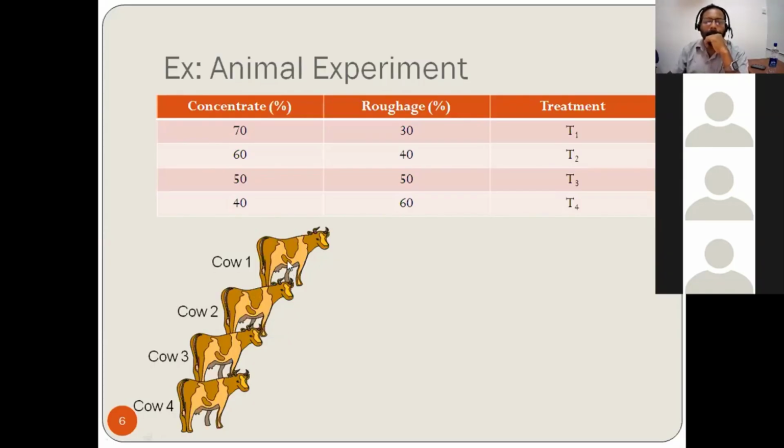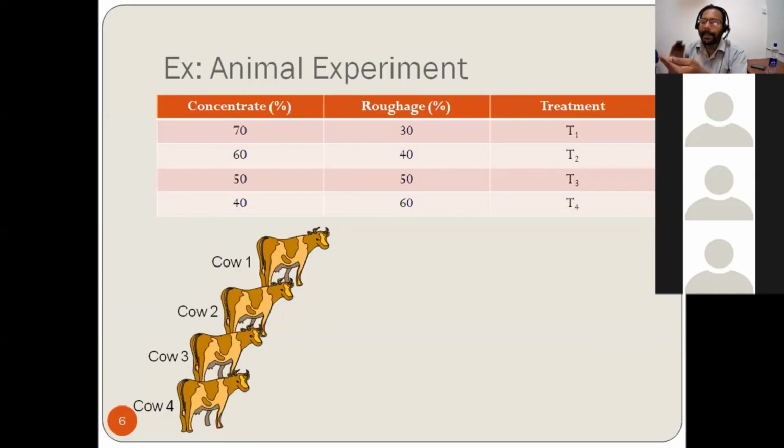What I do is I simply write down cow 1, cow 2, cow 3, cow 4 on 4 different small pieces of paper and put them into a small box. Then I take the first paper. I say it is cow 4.